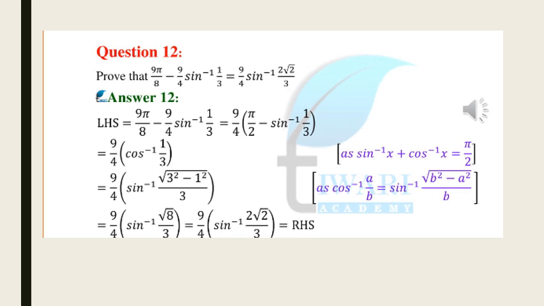So the opposite side is the root of 3 square minus 1 square. So that is root 8. So cos inverse 1 by 3 is the same as sine inverse root 8 by 3. And outside you have 9 by 4. So 9 by 4 of sine inverse 2 root 2 by 3 because root 8 is 2 root 2. Is it okay, children?